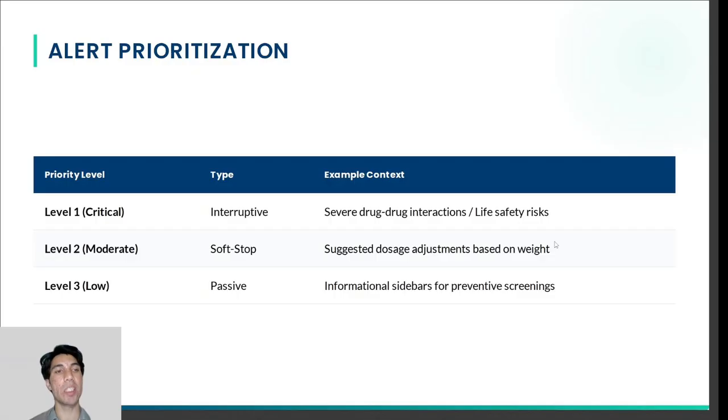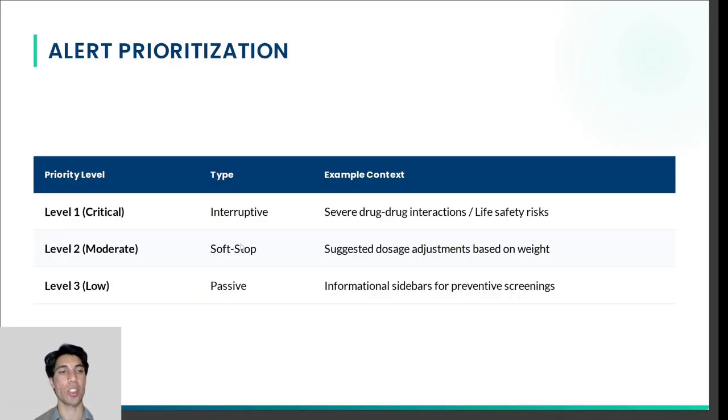There are three priority levels of alerts that we use, because some alerts are more important than others. We discussed earlier that these CDS hooks can be triggered with normal workflow events, for example, opening a patient record. So we do not want to mix critical alerts with alerts that do not have that much relevance in that situation.